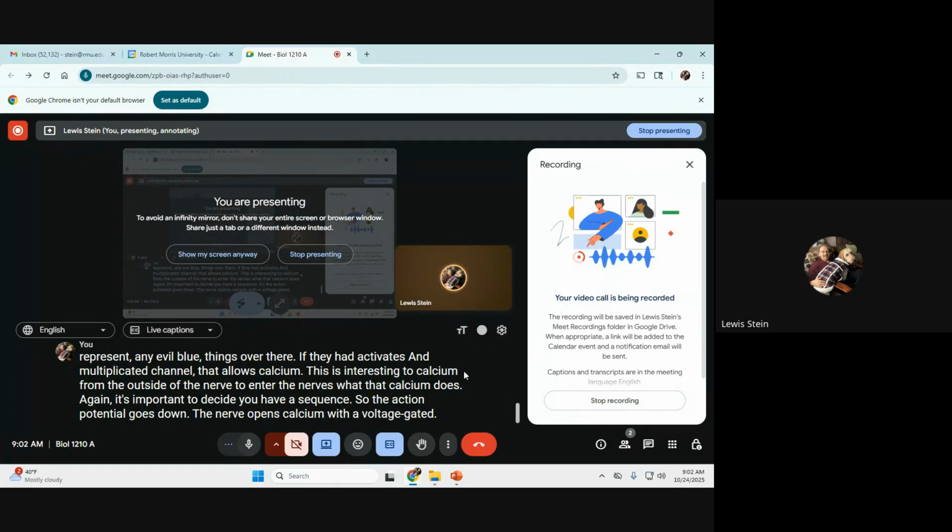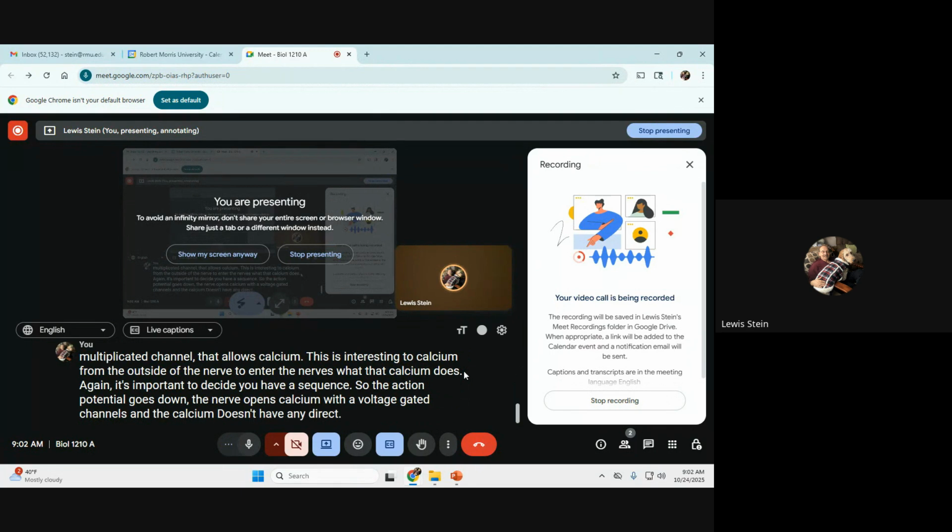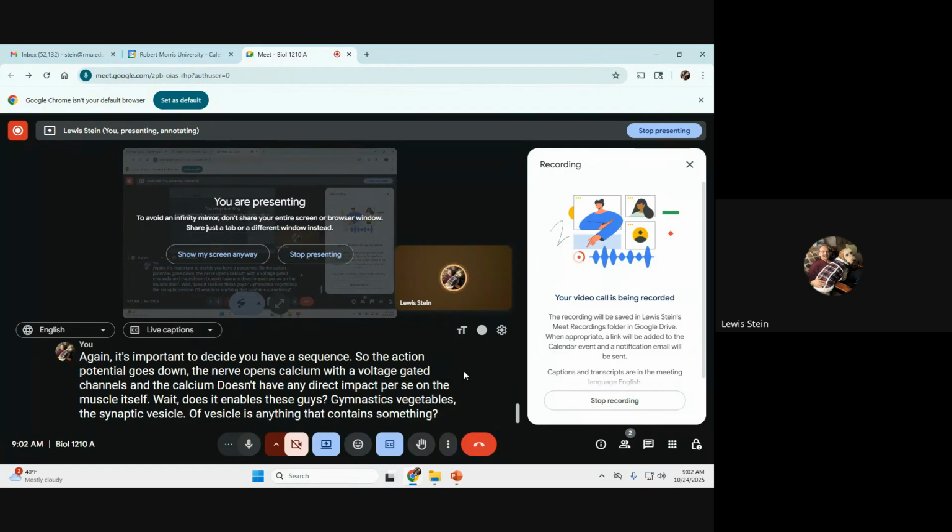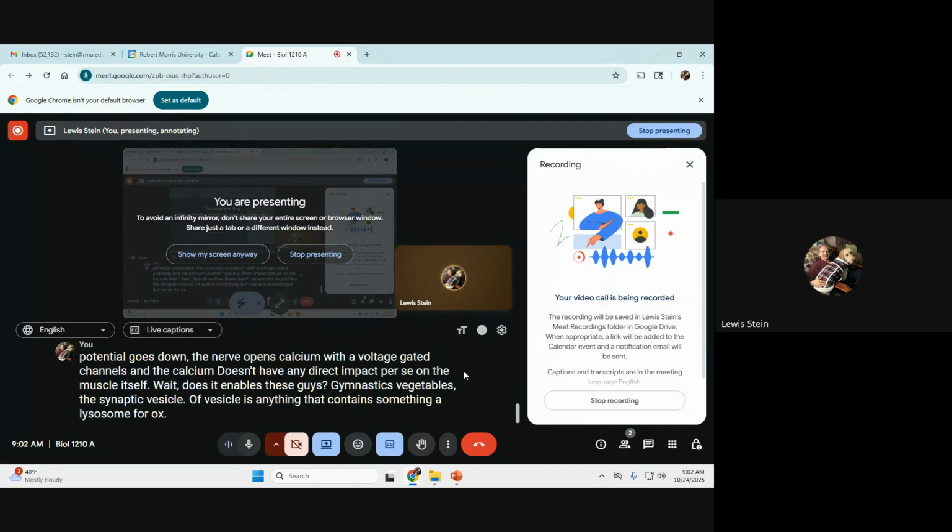What it does, it enables these guys, synaptic vesicles. A synaptic vesicle. A vesicle is anything that contains something, a lysosome, a peroxisome. They're all vesicles, a membrane-bound thing. What we do with it, whether we spit it out, whether it just contains stuff for long term, is really how we define it.